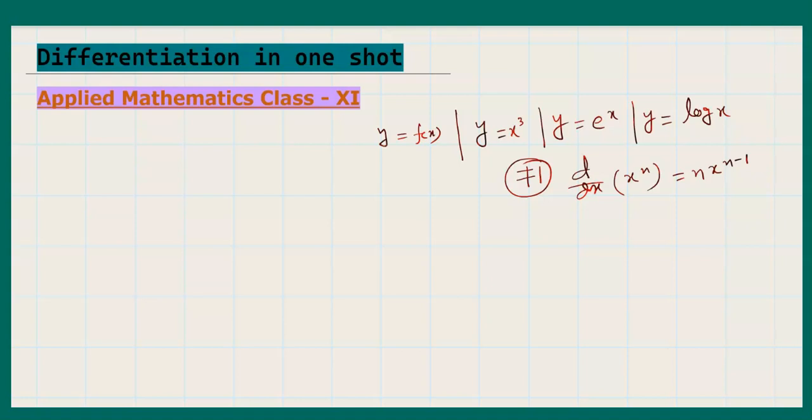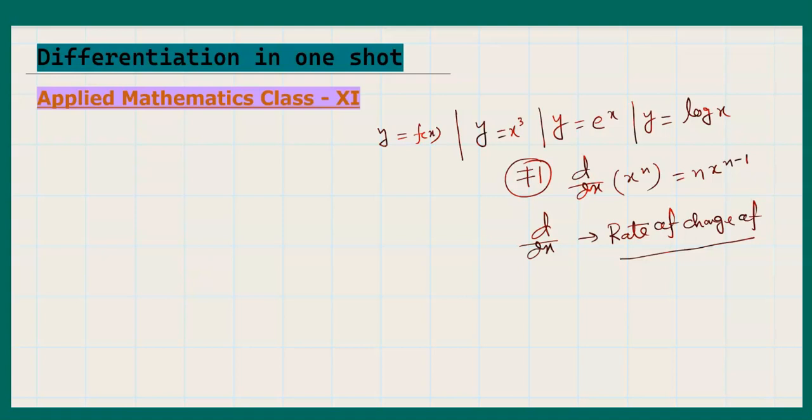This d/dx stands for what? d/dx stands for the operator. This means rate of change of. So x to the power n changes with respect to x by this formula.